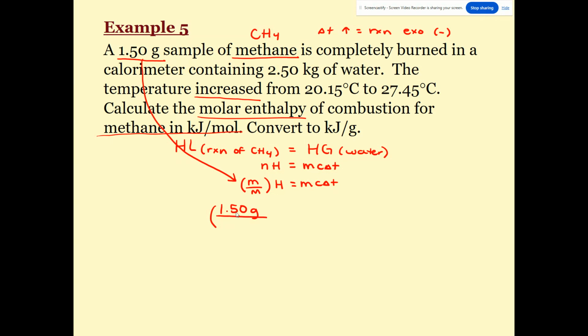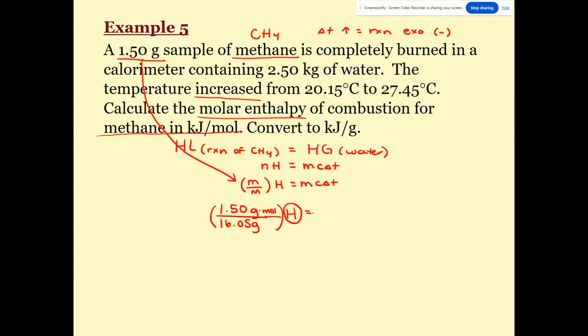Methane is 1 carbon, carbon is 12.01, and 4 hydrogens, which are 1.01. So I get a molar mass of 16.05 grams per mole, and I'm multiplying that by my molar enthalpy, which is what I'm going to be solving for.